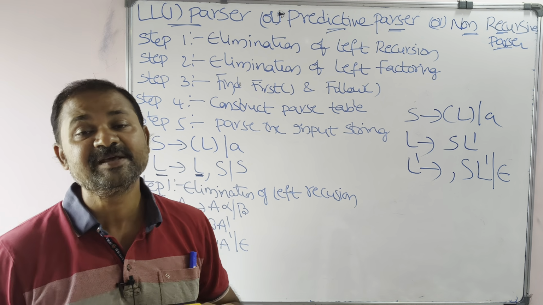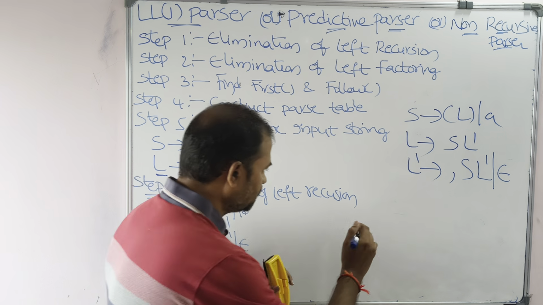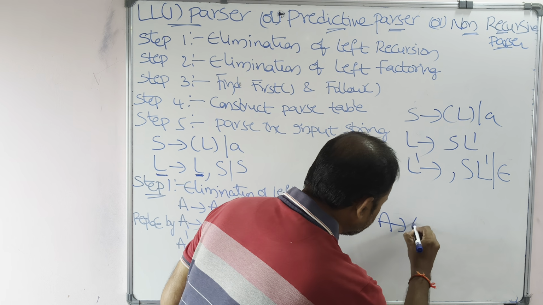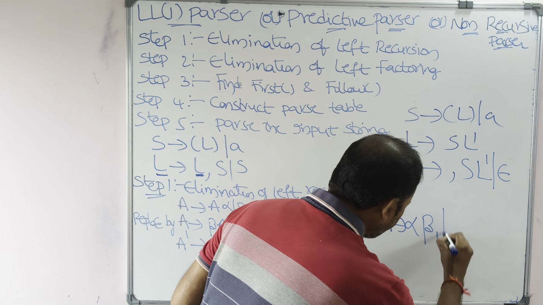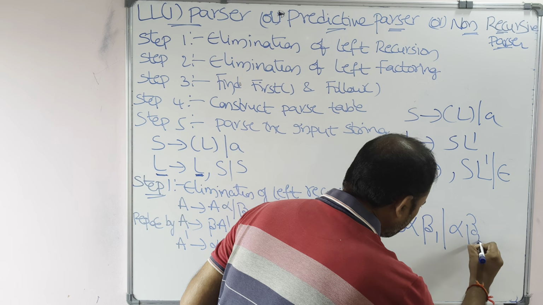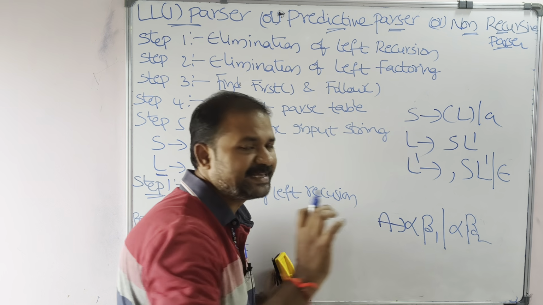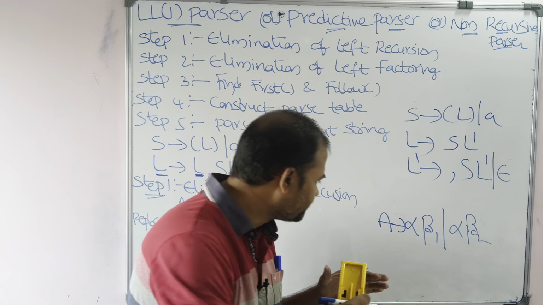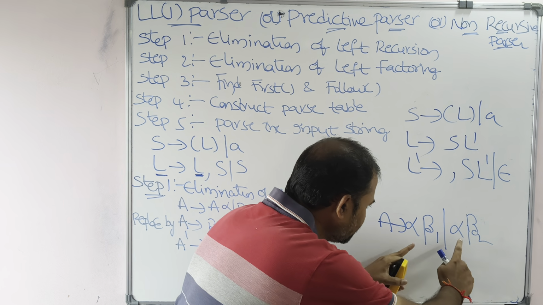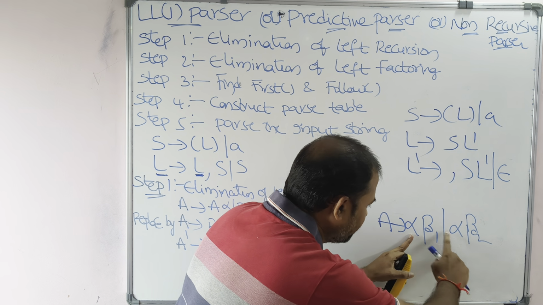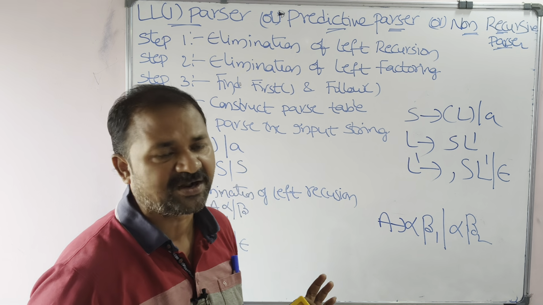Step 2, elimination of left factoring. If a production is in this form, A produces alpha beta 1 or alpha beta 2, then we can say that there is left factoring. That means in the right hand side, we have the same set of symbols. Alpha means the same set of symbols.